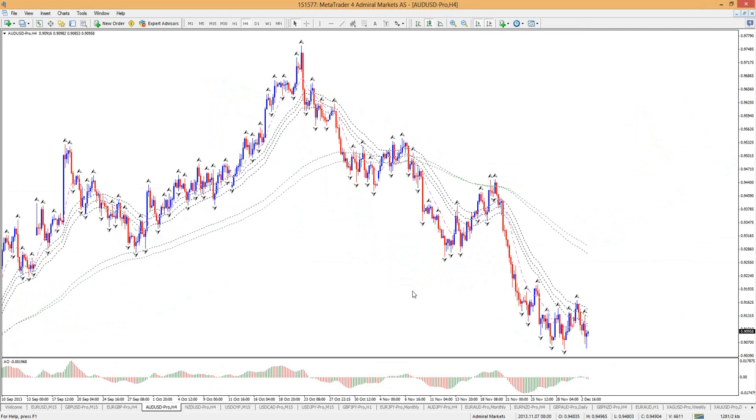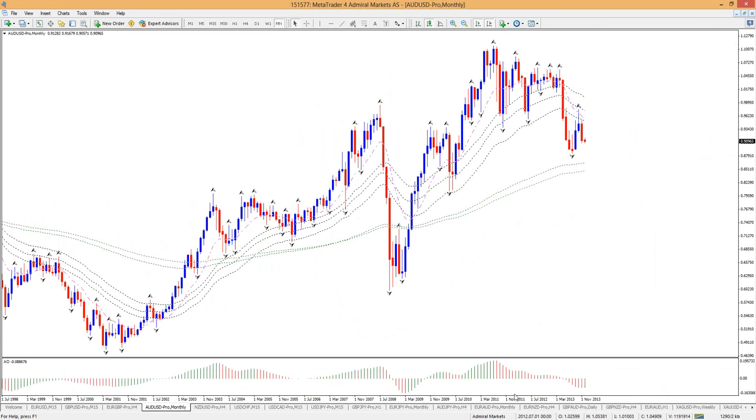So very big trends on all these yen and AUD crosses with the euro and pound, but also with the dollar. Alrighty. AUD USD monthly charts.